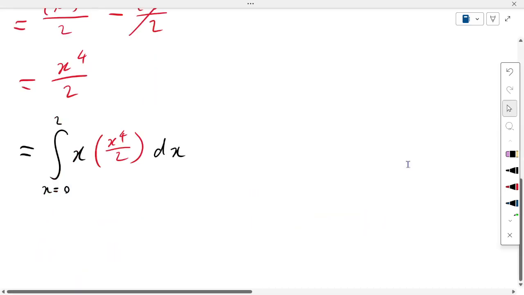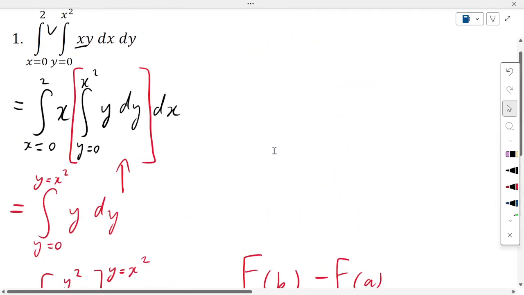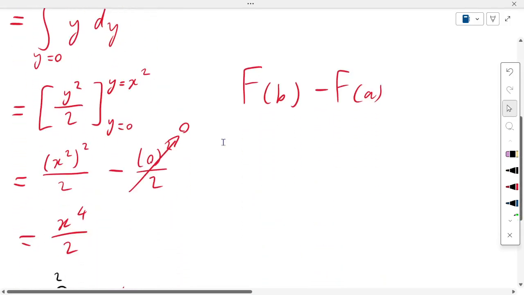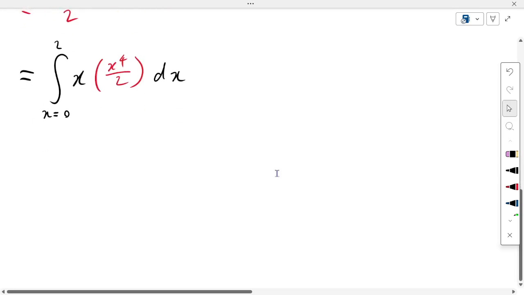Now, what do we notice over here? Clearly the integral in black is the same as what we have in black over here, outside of the red brackets. Whatever was in the red brackets, we evaluated to be x to the power of 4 divided by 2, which we just plugged in from that evaluated integral. What can we do now?